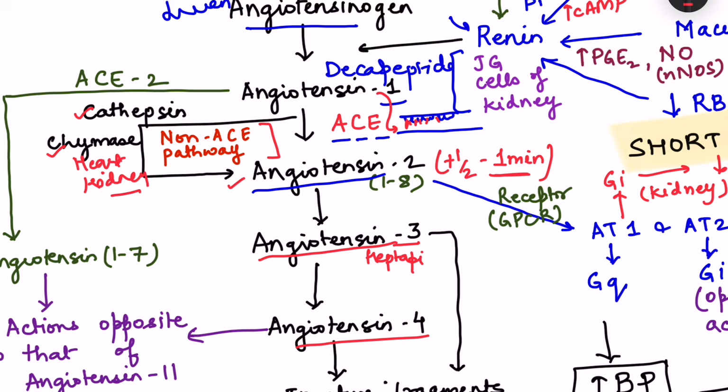So there is a series of reactions occurring. Among these, angiotensin 2 is the active form. Angiotensin 3 also is active. It has activity similar to angiotensin 2 in one aspect, that is the release of aldosterone. For other aspects, it is less potent. Most potent always is angiotensin 2.